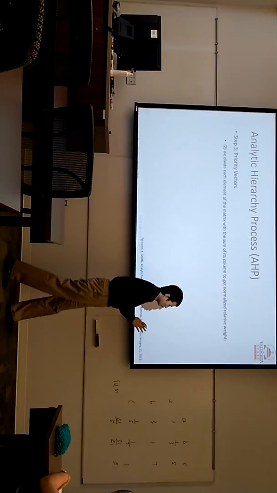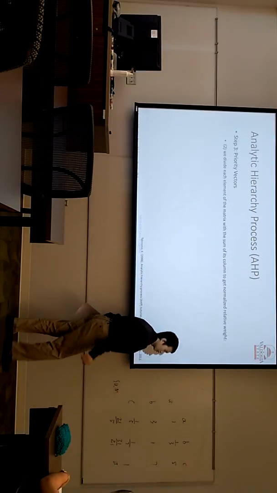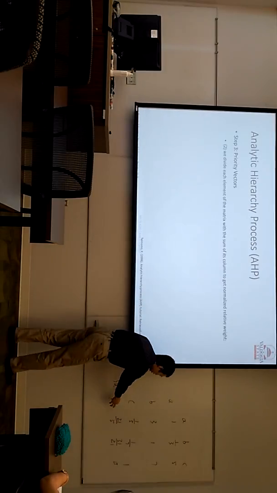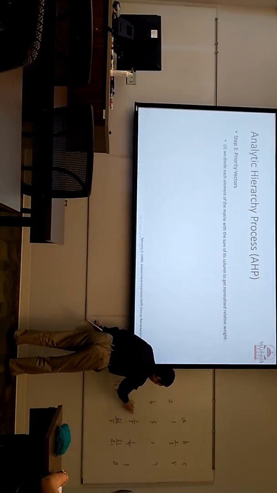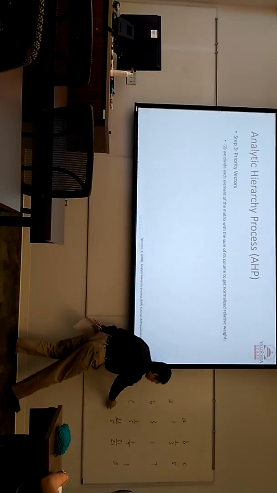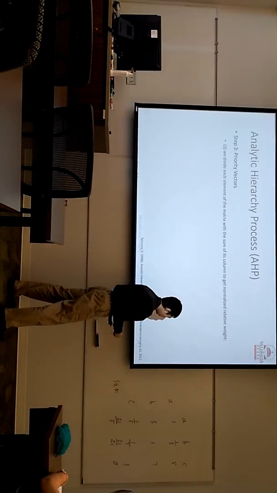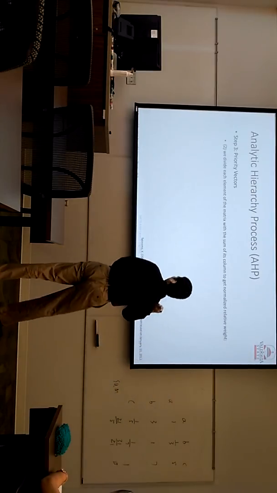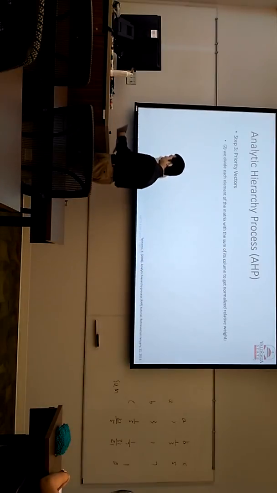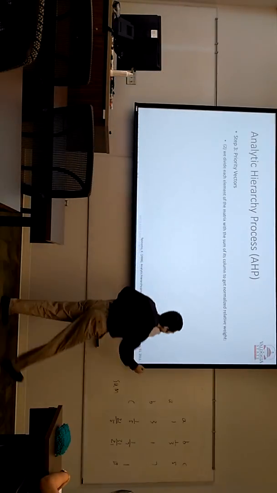After we divide all those numbers by the column sum, the sum will be 1, right? Because we divide this one by this one, this one by this one, this one by this one, also this one by this one itself. So all the column sums here will be 1.